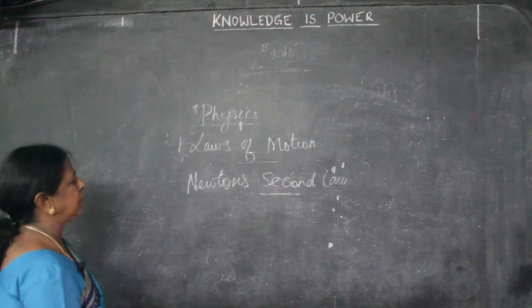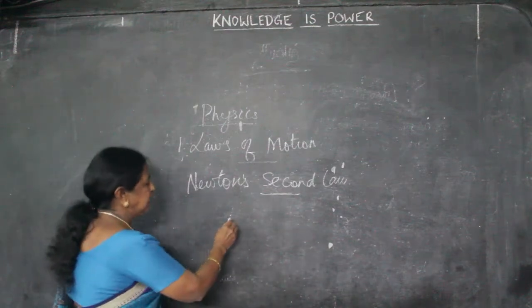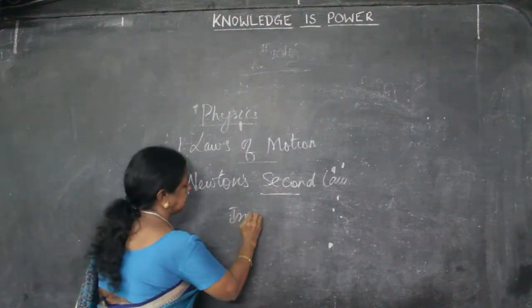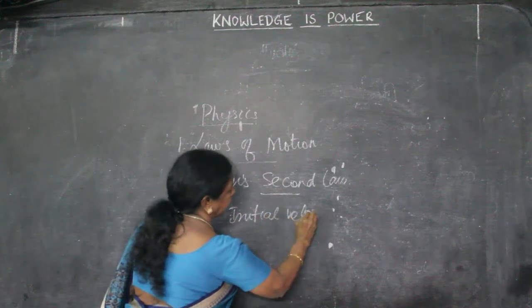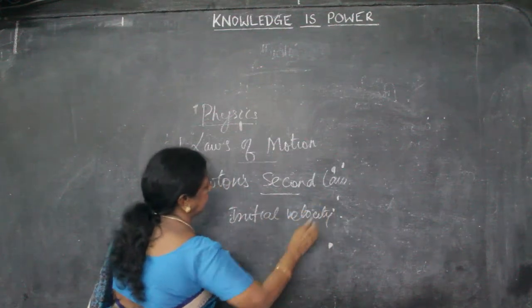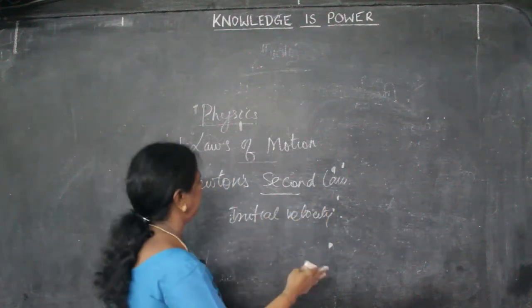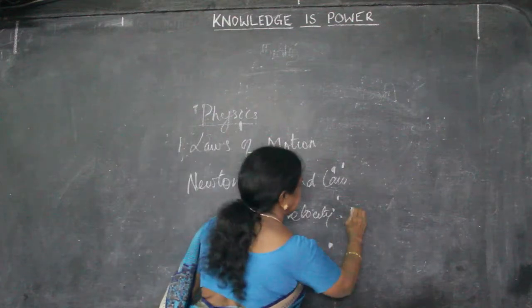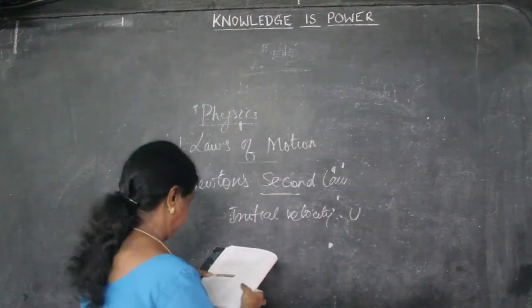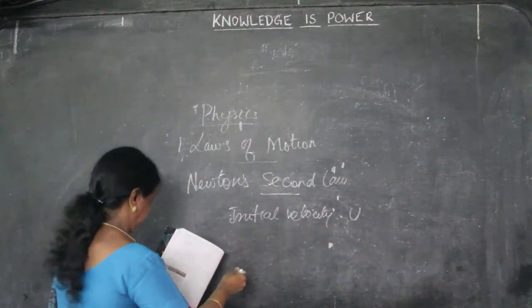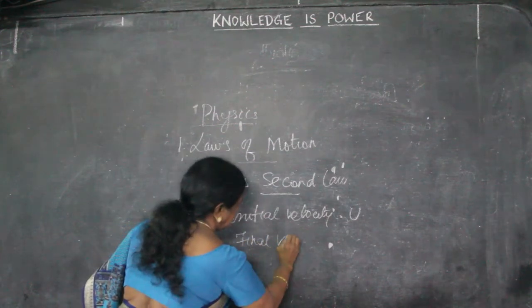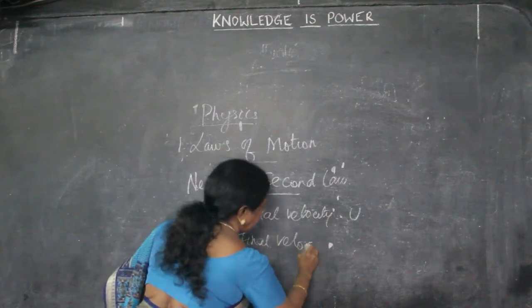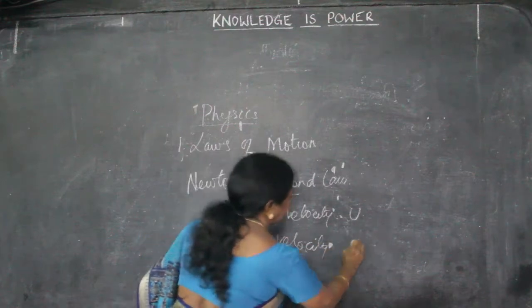For example, whatever the object may be, initial velocity is there, final velocity is there. Initial means beginning, final means last. So before it starts moving, the initial velocity of the object is u. Final velocity is v.